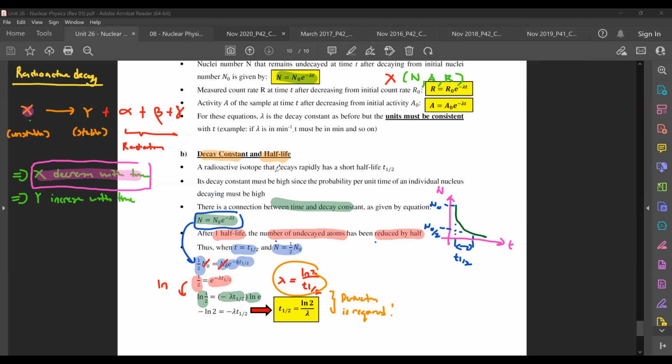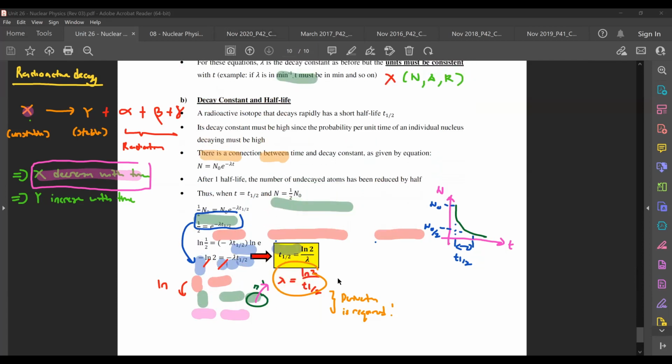But ln e itself is equal to 1. So now you get negative ln 2 equals negative lambda half-life, which eventually gives you either one of these equations. Either lambda is ln 2 over half-life, or half-life is ln 2 over lambda, depending on the context of the question. But the gist is that you need to know the derivation. All right.